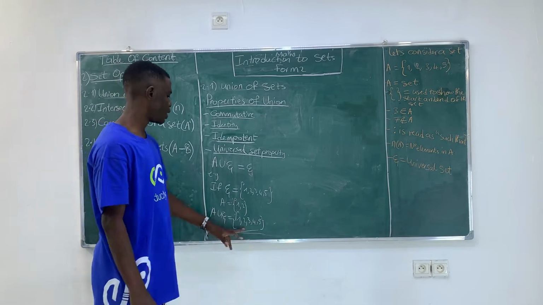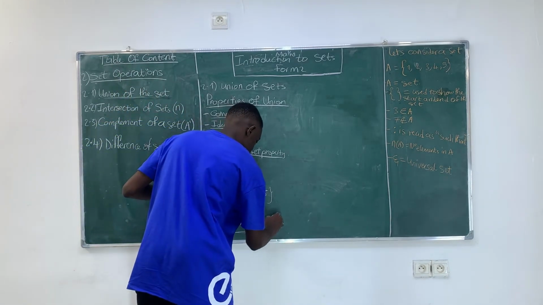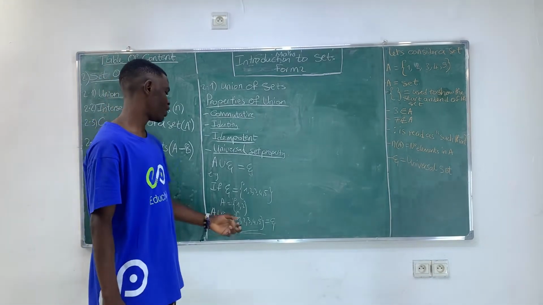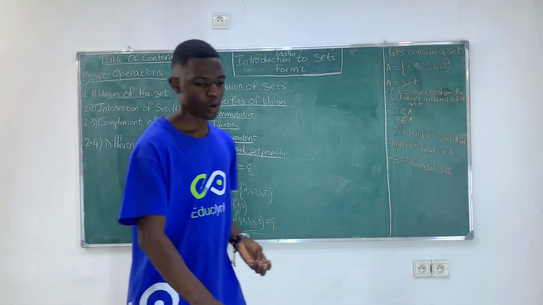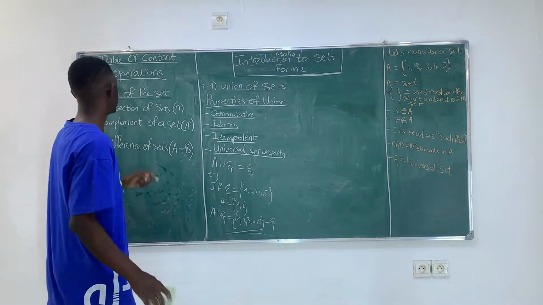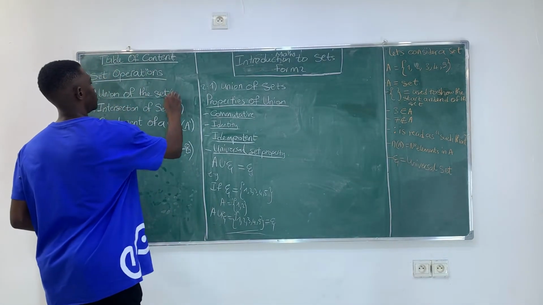So A union the universal set is equal to the universal set. So that's all for the union of sets. Remember these.